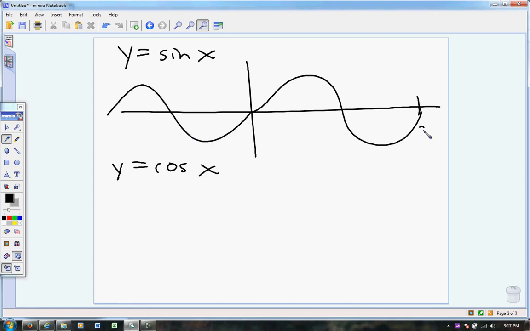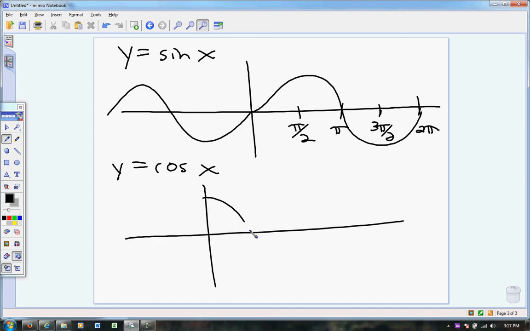One period is 2 pi, and it is broken up into these subdivisions that last year we called road markers. Cosine also has a period of 2 pi. So the granddaddy graph, or the parent function, looks like this.